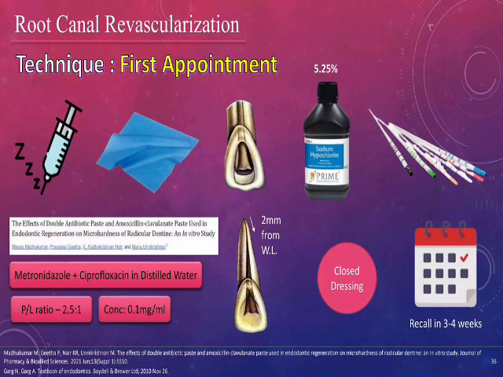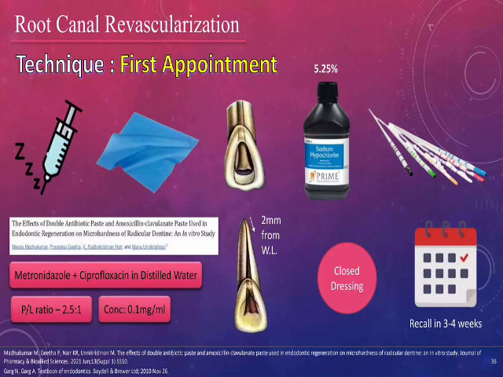So the clinical procedure in the first appointment: anesthesia should be given, then the tooth is isolated and access opening is done. We don't use endodontic files here; we rather use sodium hypochlorite, 5.25% is preferred, and it is activated inside the canal so that all the necrotic tissues are removed.